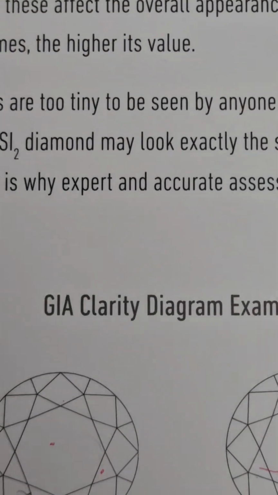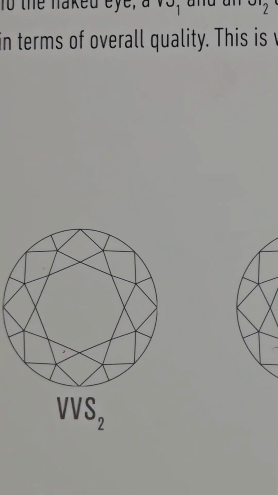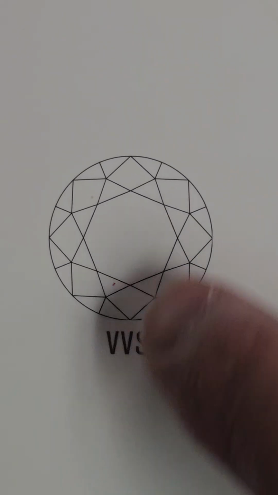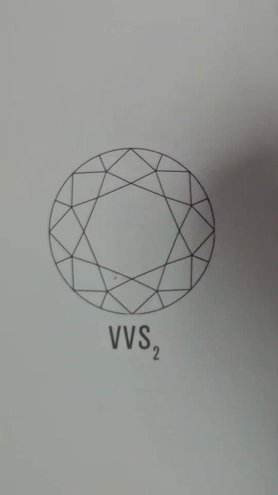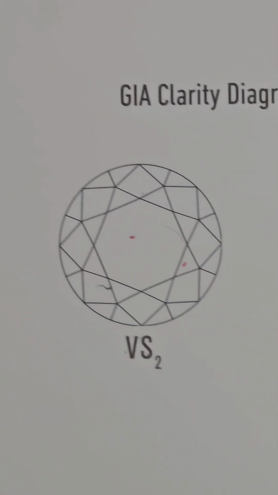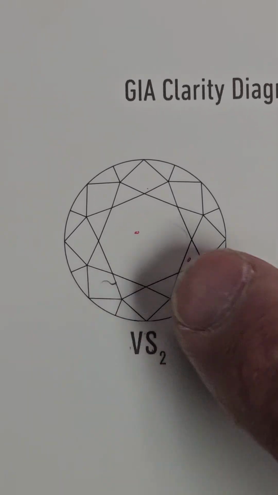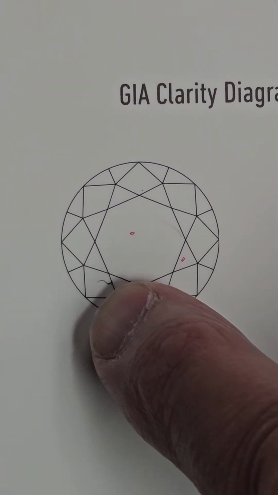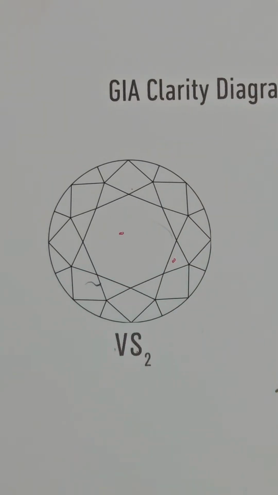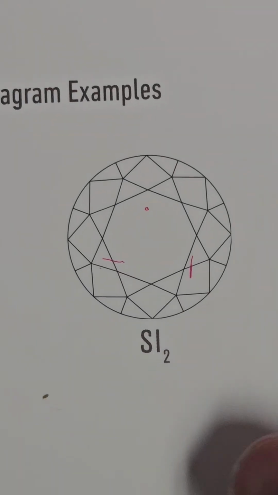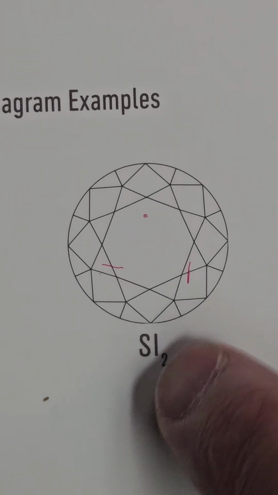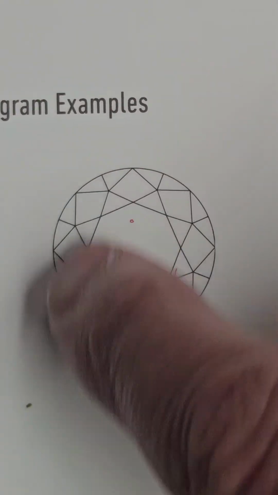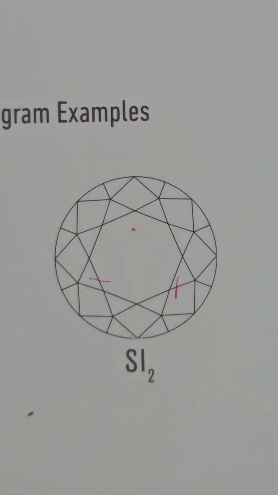Down here at the bottom are different examples of your clarity. As you can see, VVS2 has very few clarity characteristics. As you move to VS2, you can start seeing a few little red places, and that would be a little black dot or fracture. Then you move over here. SI means slightly included, and there's two grades of that, 1 and 2, and you can see the inclusions pick up more in quantity.